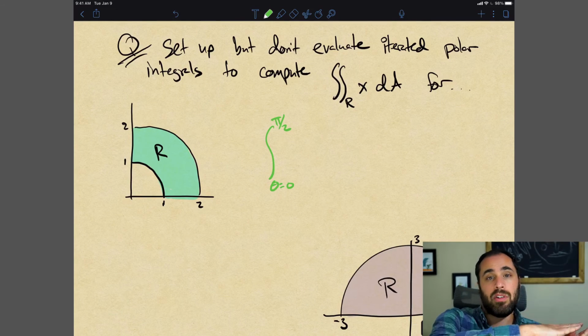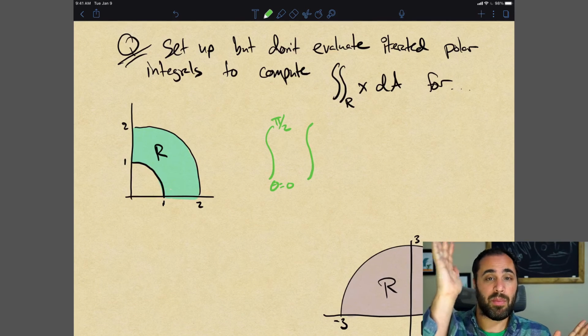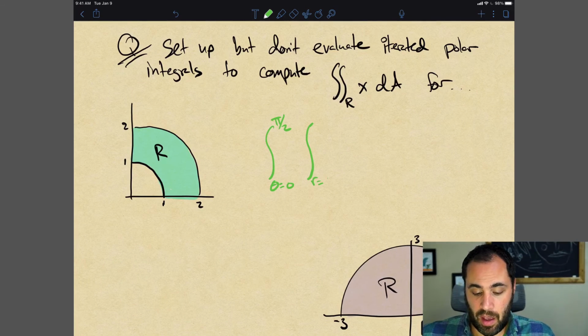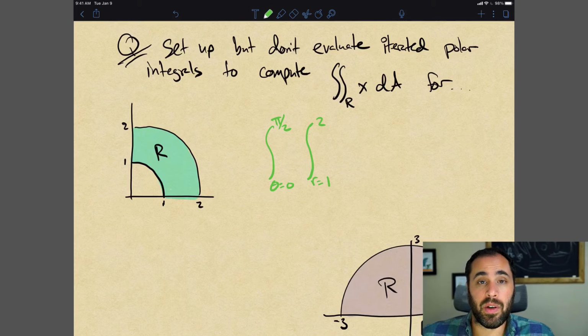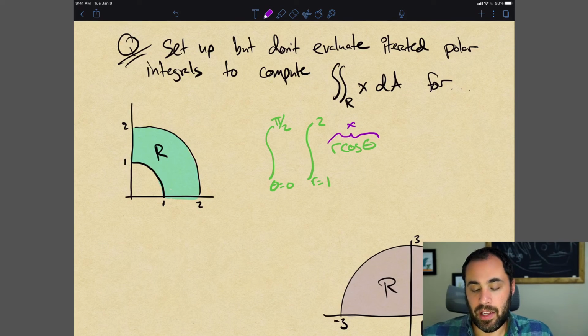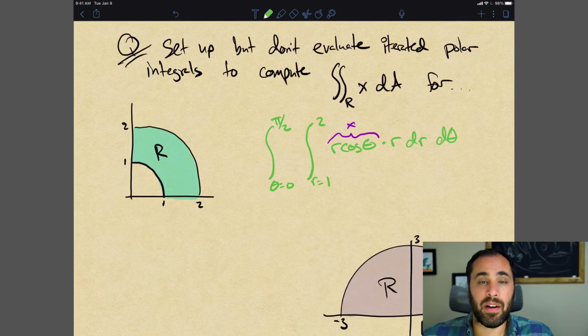Theta is going from 0 up to pi over 2, and then we stop. The r bounds, we're going from sort of inside radius of 1 to an outside radius of 2. And then for our integrand, well, we want to write x in terms of r and theta. Remember, x is r cosine theta, so we'll plug that in there. And then we can't forget that extra factor of r before we write dr d theta. So that's what we got.